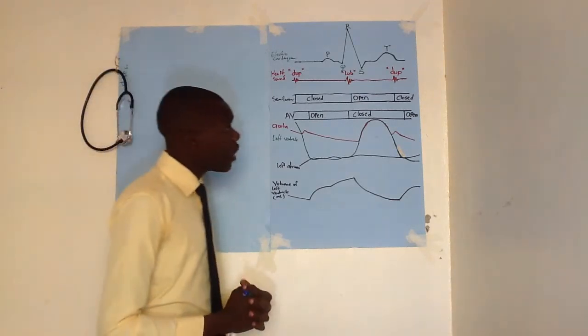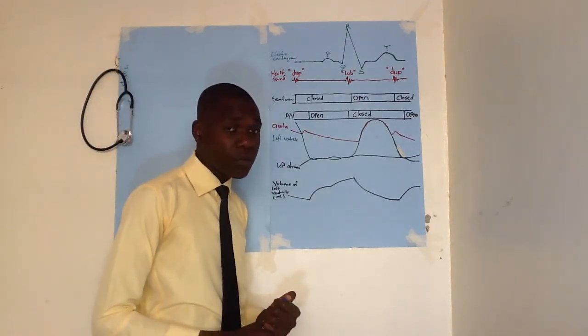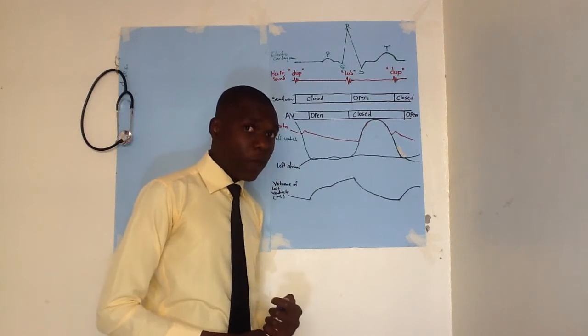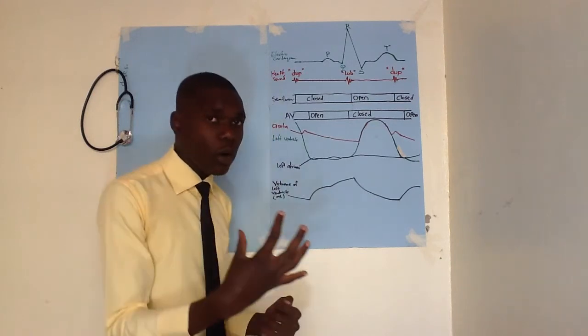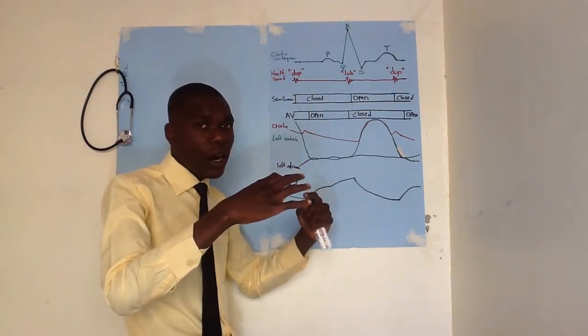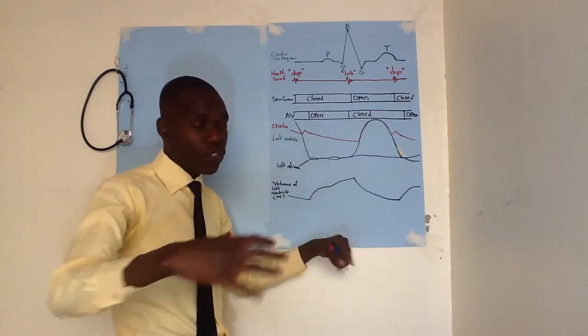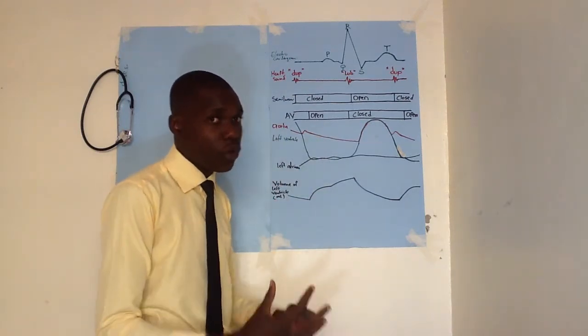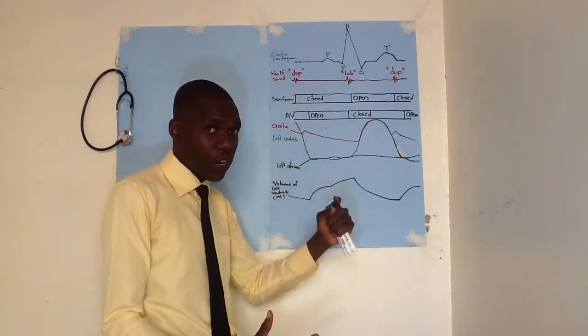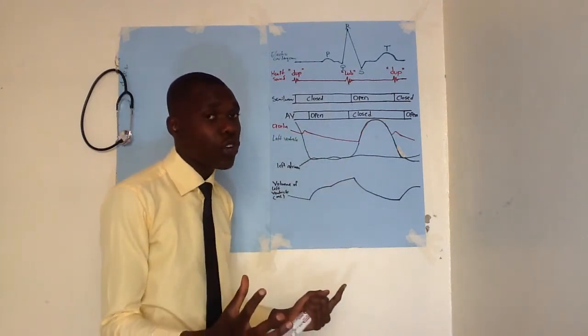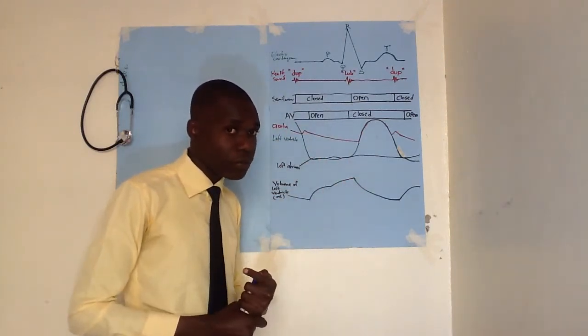So, during the cardiac cycle, first of all, the cardiac cycle basically involves the contraction of the atria first, followed by the contraction of the ventricles. So the atria contract when the ventricles are relaxed, and then the ventricles contract when the atria are relaxed.